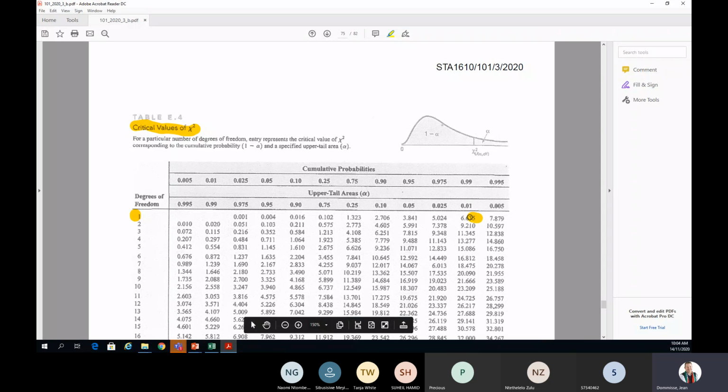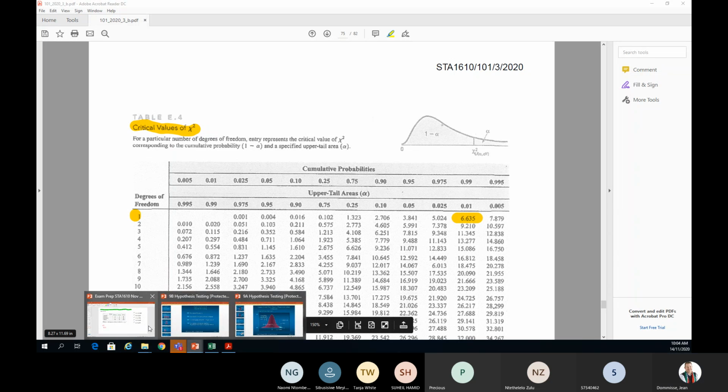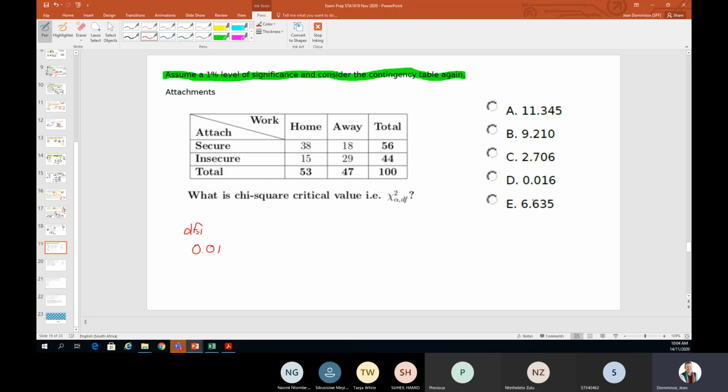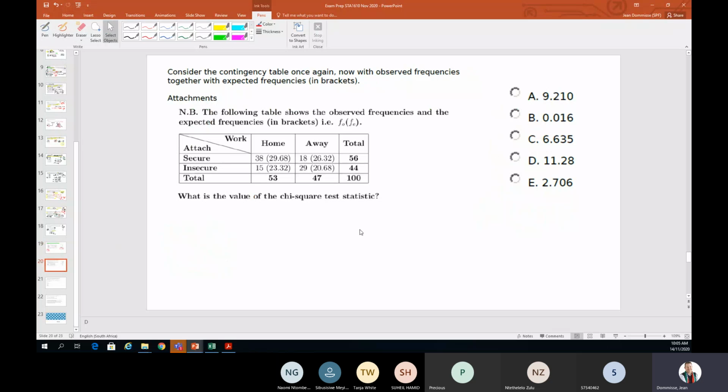So my answer must be 6,635. There's your option. Okay, so this one was checking that you can get the answers from a chi-square table. So we actually had now 2 questions on chi-square. That is actually fascinating.